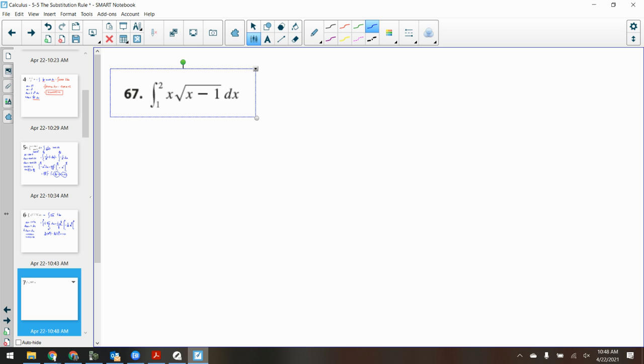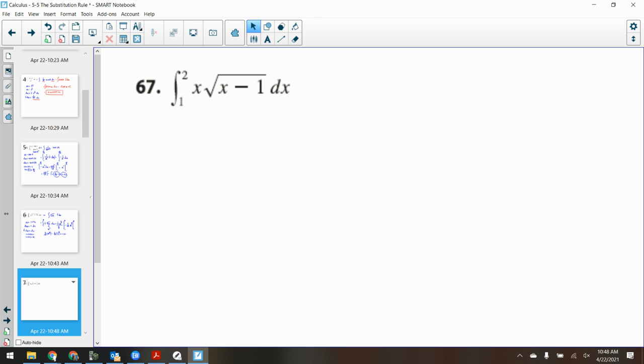Here we go. I like this section. It's like a puzzle to me. Once you get the right u and you make the puzzle fit, that is fun. Sounds like you're good.